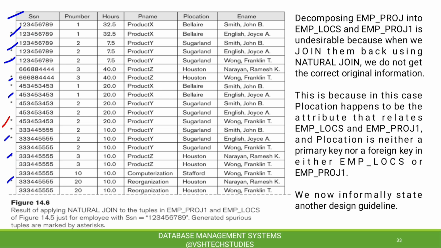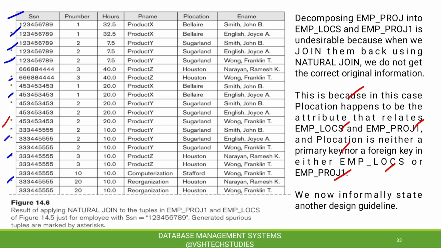They are called spurious tuples. They must be avoided. This is because P location happens to be the attribute that relates EMP_LOCS and EMP_PROJ1, and P location is neither a primary key nor a foreign key in either the EMP_LOCS relation or the EMP_PROJ1 relation.